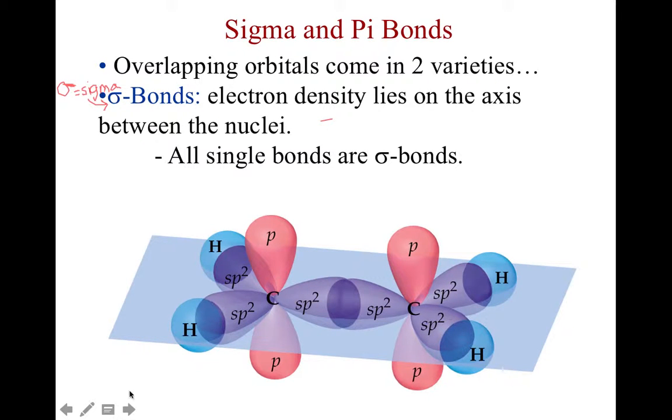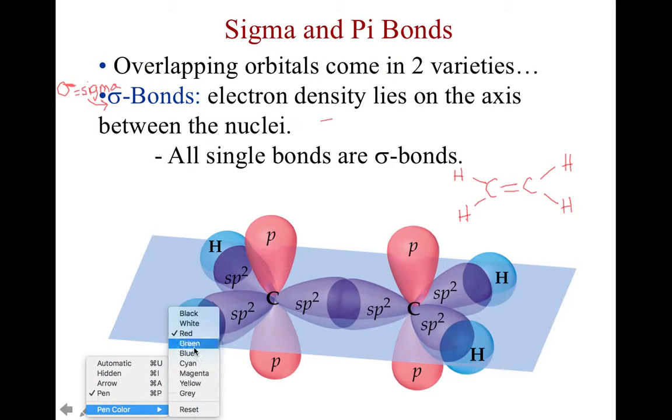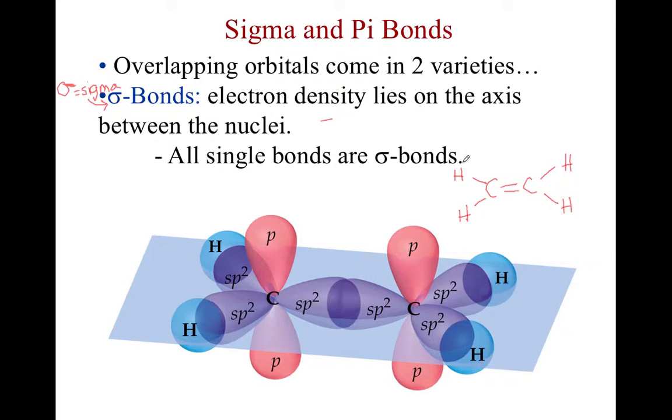So this is the molecule that we looked at on the previous slide, where we have the double bonded carbon in the center. Each carbon has a single bonded hydrogen to it. So what this is telling us is that each of these carbon-hydrogen bonds is going to be a sigma bond.